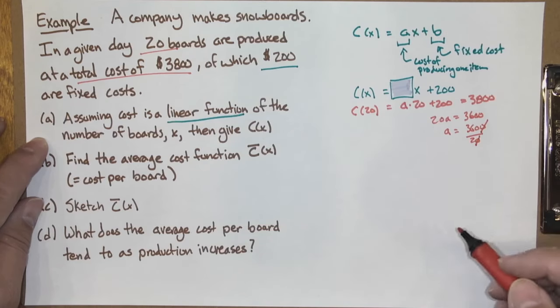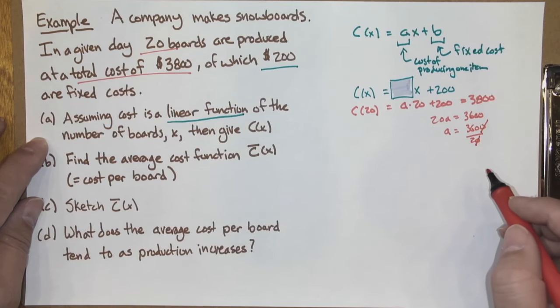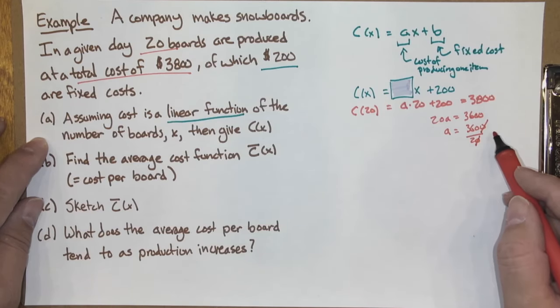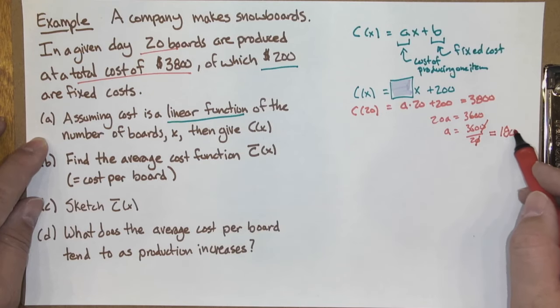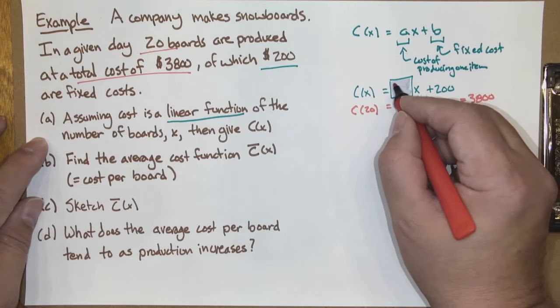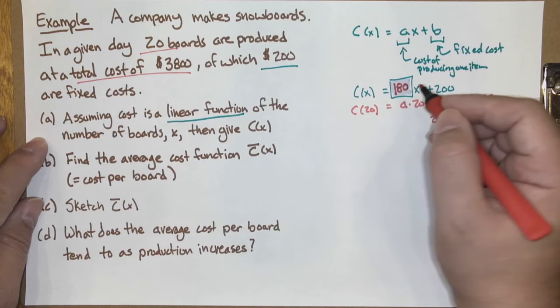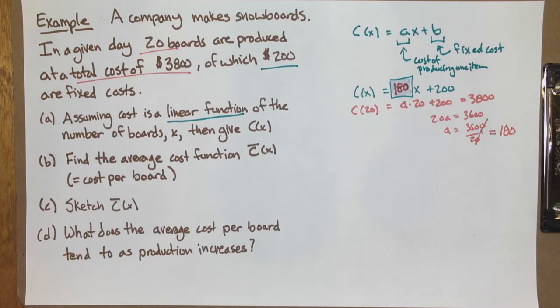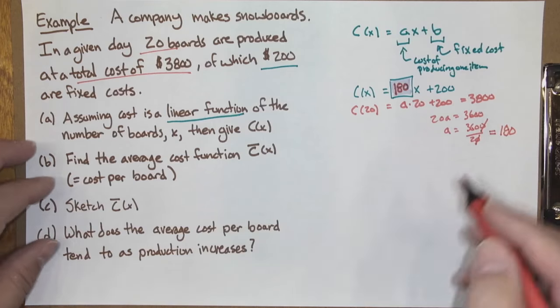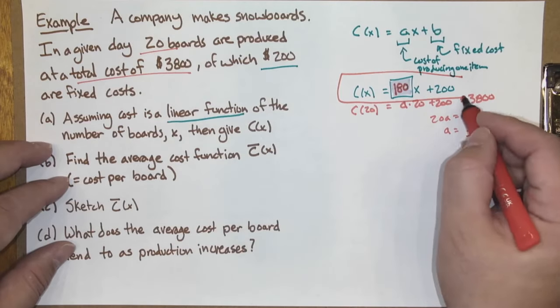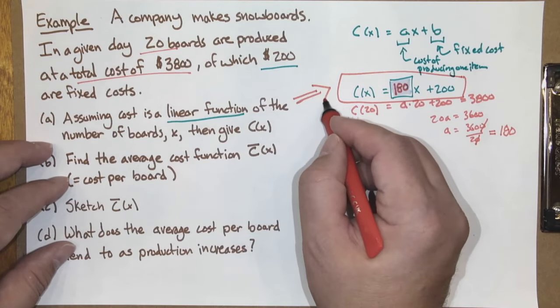Nice thing about things that end with zeros is you can cancel zeros at the ends. 360 divided by 2, 180. So each snowboard has its own variable cost, as has been mentioned, of 180. And then there's a fixed cost of 200. All right. So that is the answer for A.